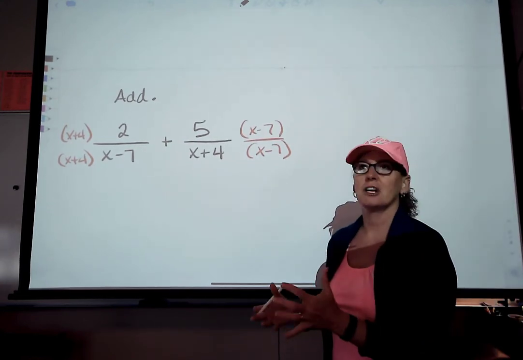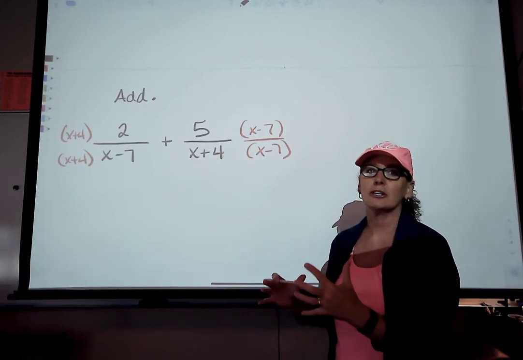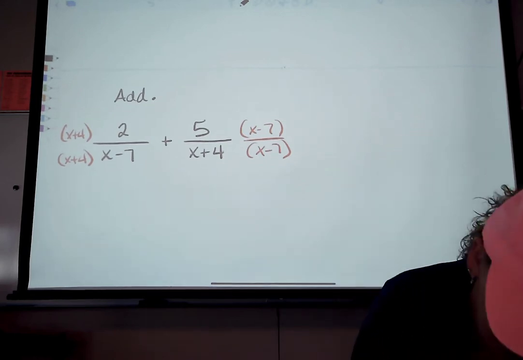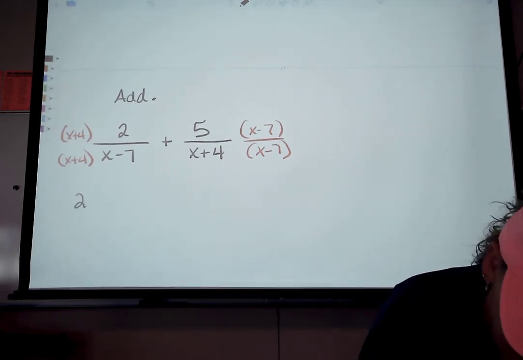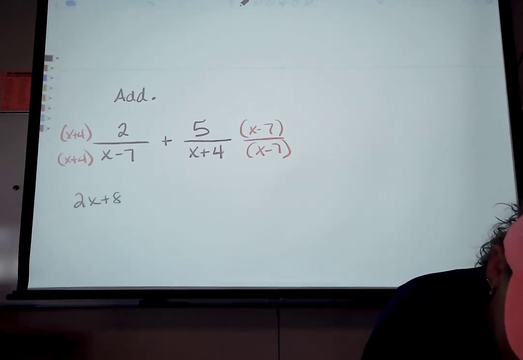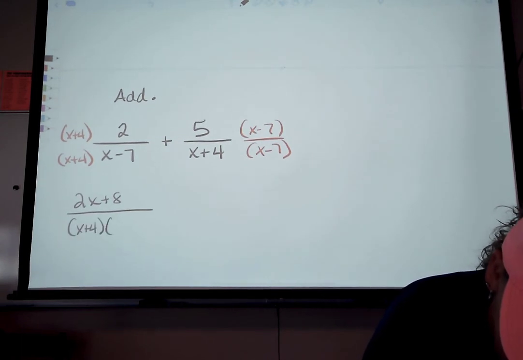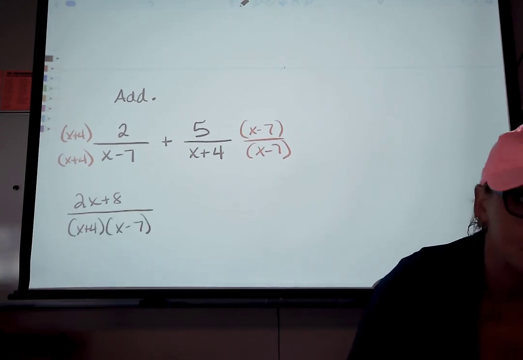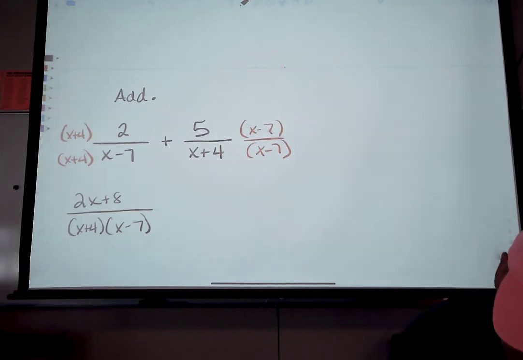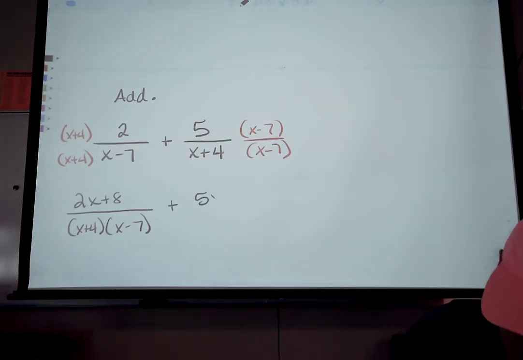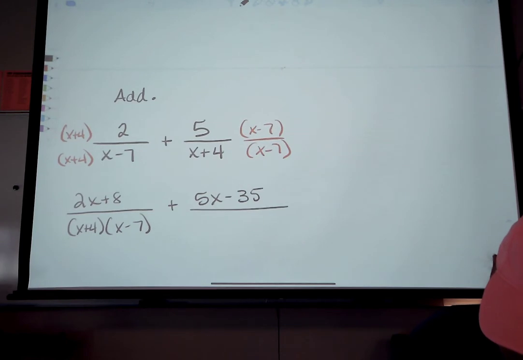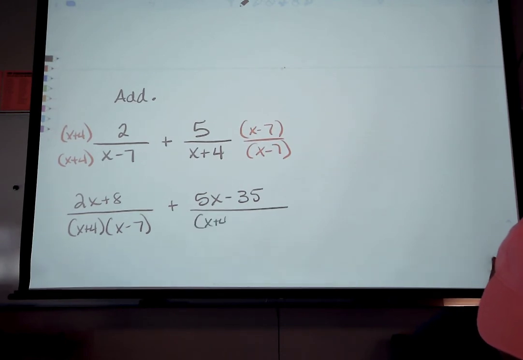Don't multiply out your denominators unless you have a really good reason to do so. So I'm going to distribute the 2x plus 8 over that binomial times that binomial plus 5x minus 35 over, again, that binomial times that binomial.